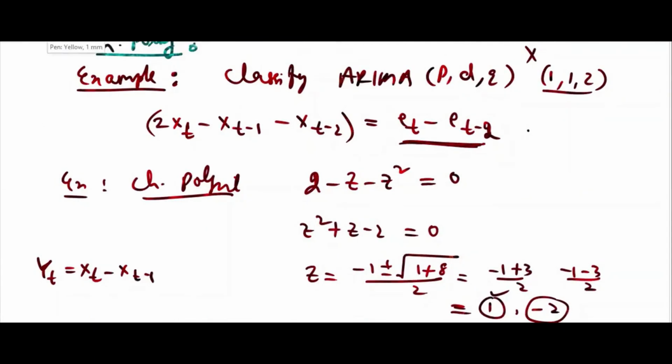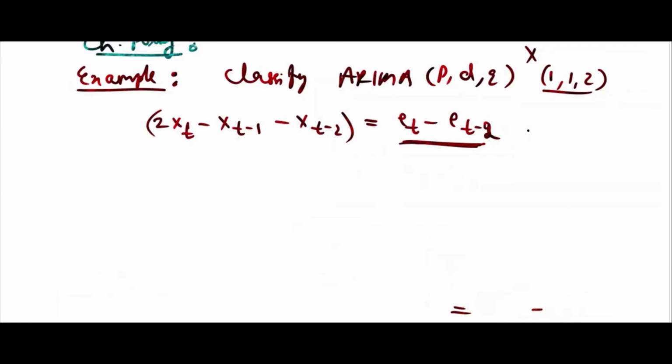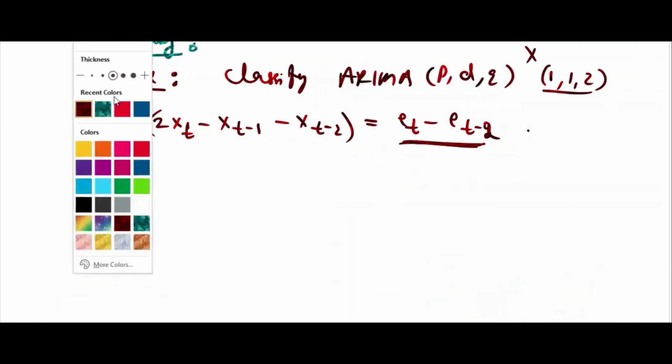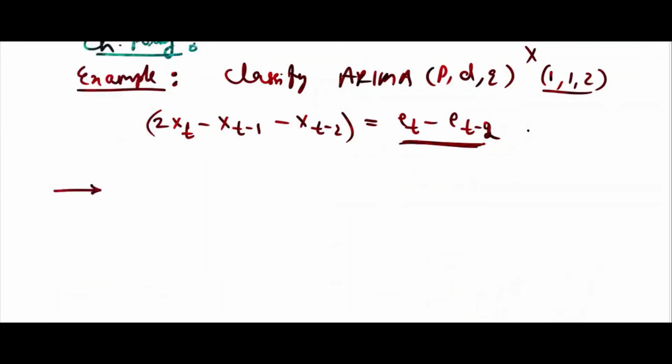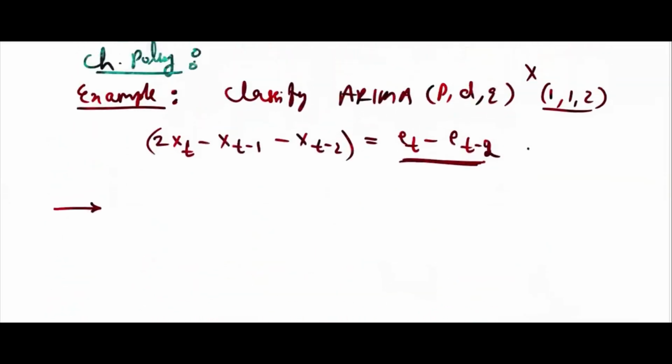So what you need to do is, you got one root, that's fine. But this is not ARIMA. This is not ARIMA. What you need to do is, before going further, that way method 1 is better, okay? Before going further, you try to factorize this one. If you try to factorize this one, we got this factor, right?